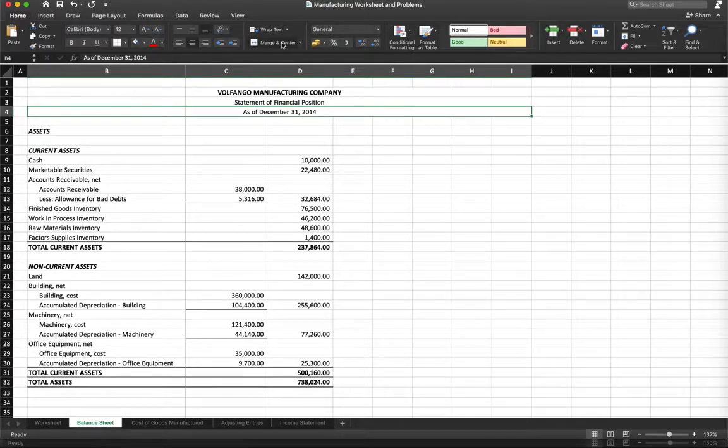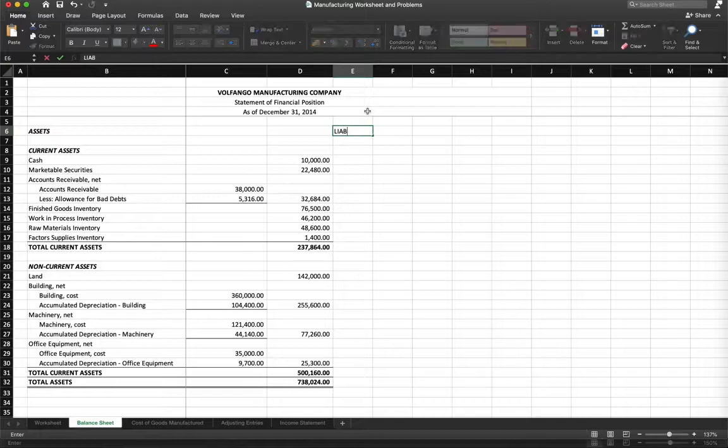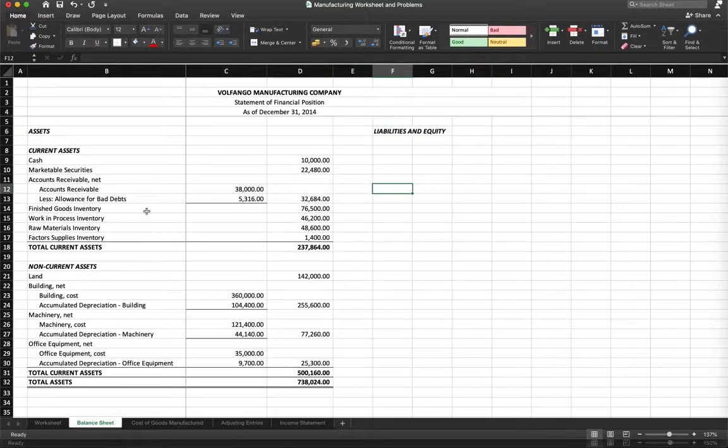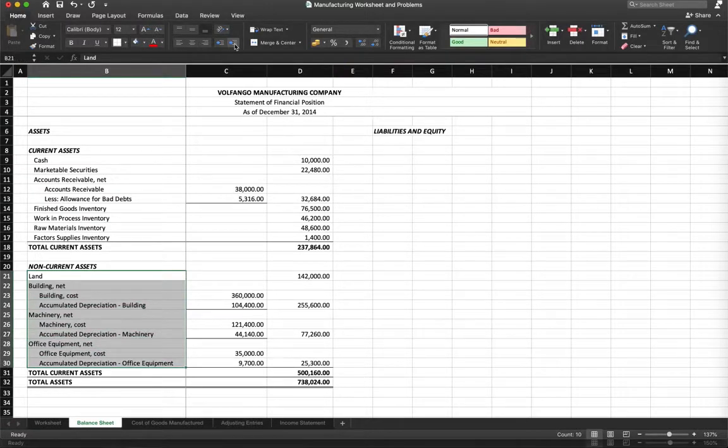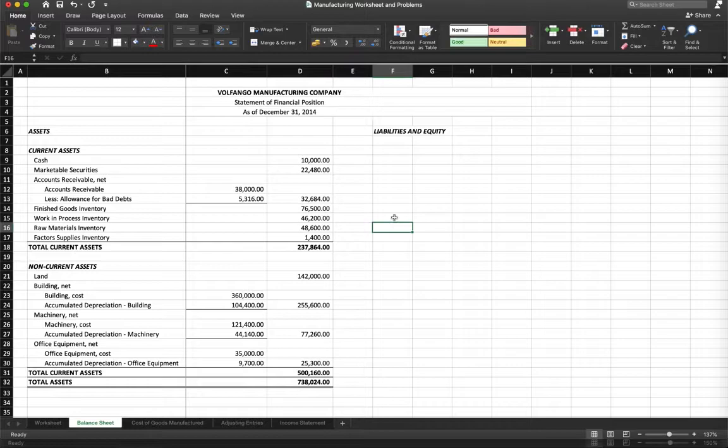Dito naman si liabilities and equity. Bakit account form? Kasi, nasa left side yung mga debit balances, nasa right side naman yung mga credit balances. Pero pag report form, dire-diretso lang. Ngayon natin para medyo maganda tingnan. Okay.